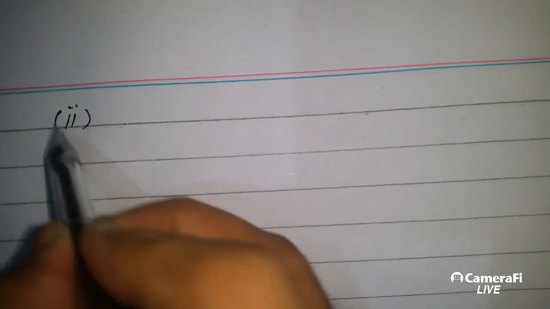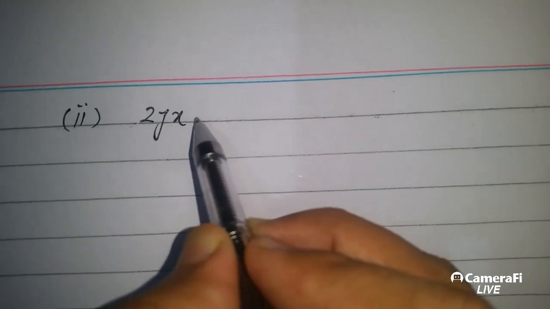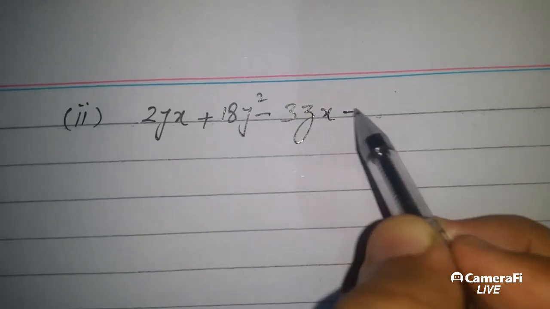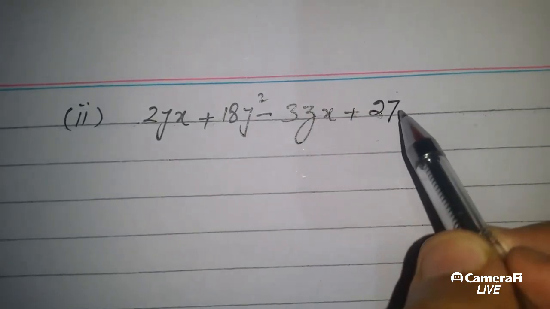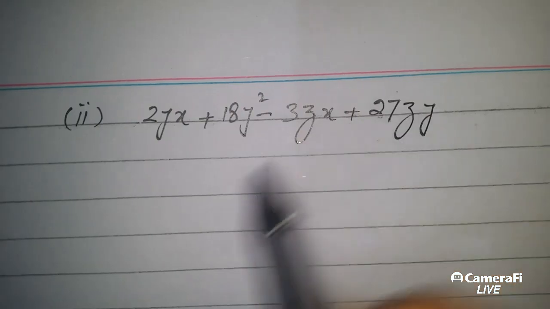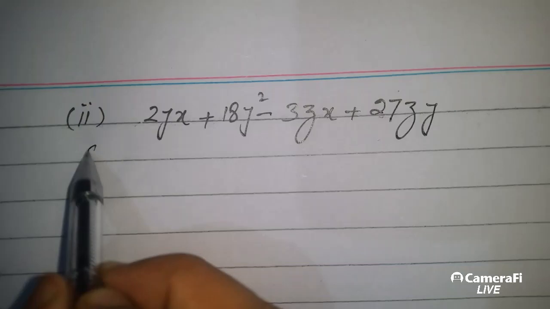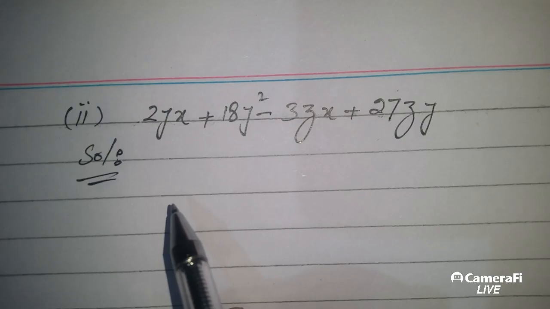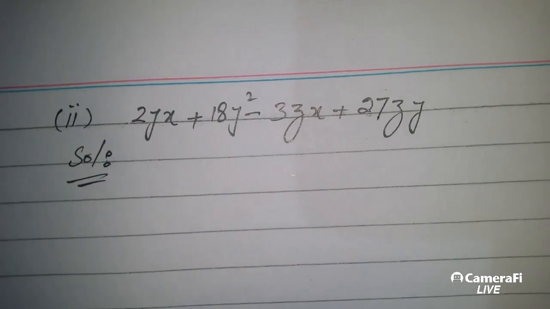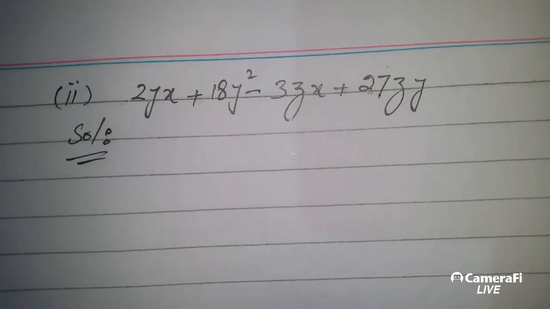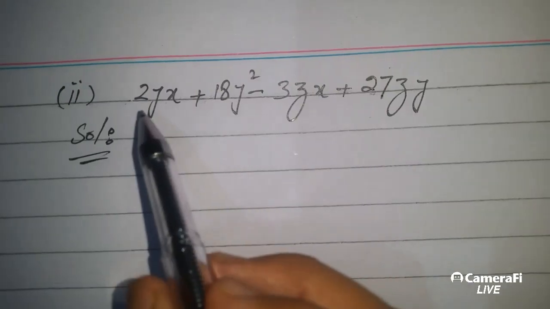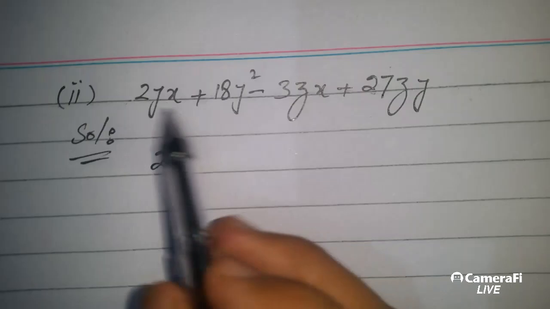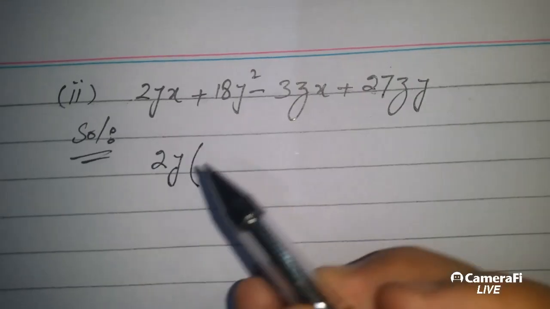Second part is, so this is the question. So there are terms here. These two terms 2 and 18 come in the same table, so 2 and y square and y, the smallest power of y, can be taken as common.